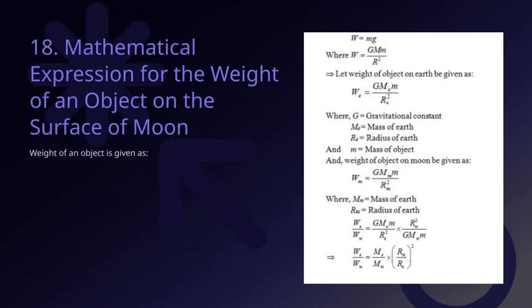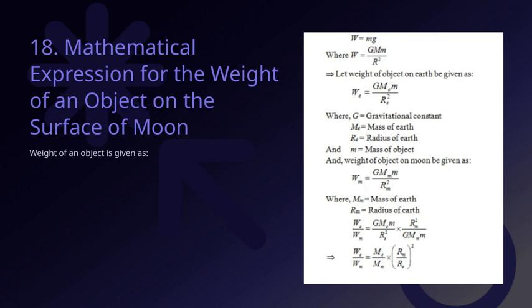Now, let's take a closer look at the mathematical expression for the weight of an object on the surface of the moon. The weight of an object, as you know, depends on the gravitational pull exerted on it. This is different from mass, which remains constant regardless of location. The formula we use is straightforward.